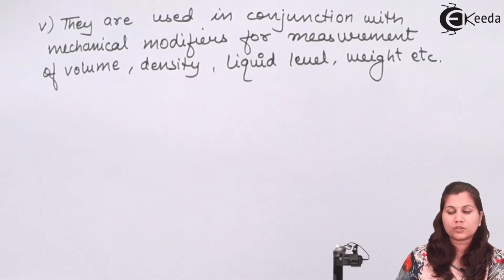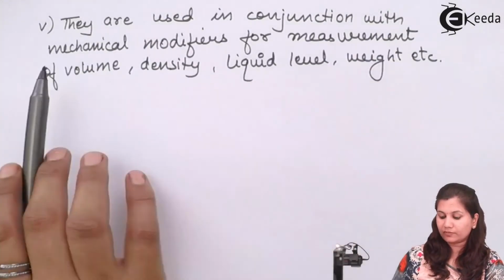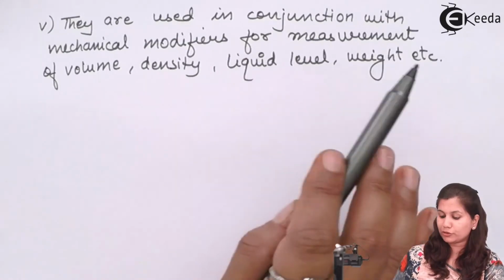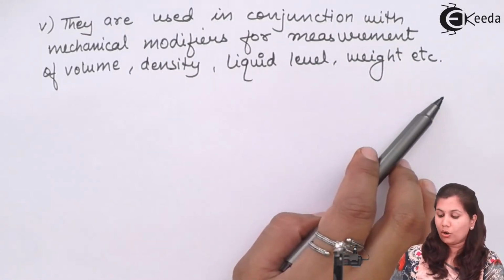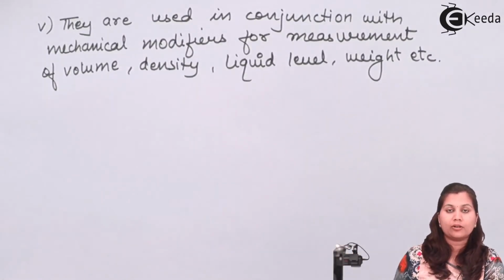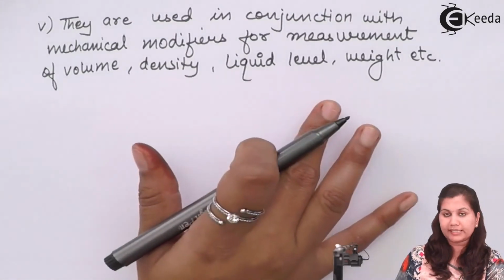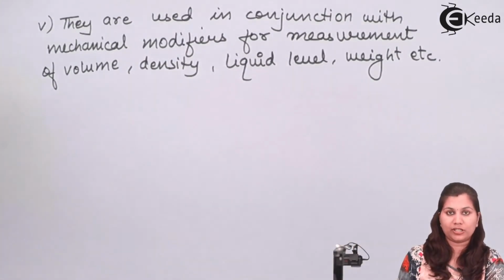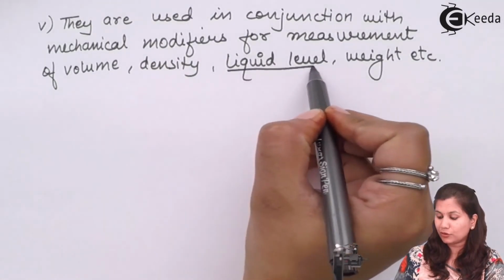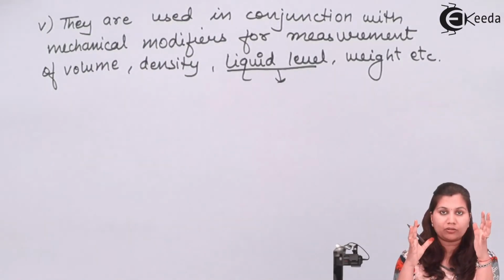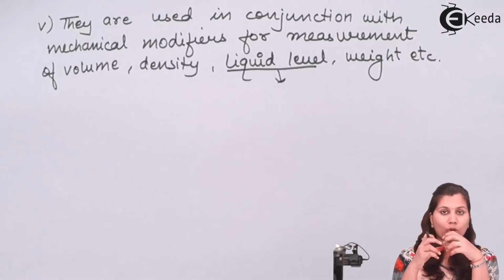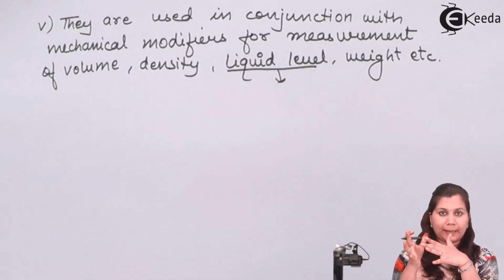Now, capacitive transducers are also used in conjunction with mechanical modifiers for measurement of volume, density, liquid level, weight, etc. All these are mechanical quantities, and they will be measured by the change in the capacitance. If we take the case of liquid level, if the level of the liquid increases, the amount of dielectric between the capacitance plates also changes, due to which the change in the capacitance occurs.